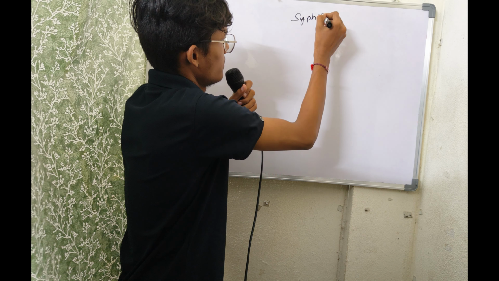Then after specimen, direct detection. Okay, how can we detect directly? See, after we collect the sample, if we check it under a dark ground microscope, think this is the slide of the dark ground microscope.